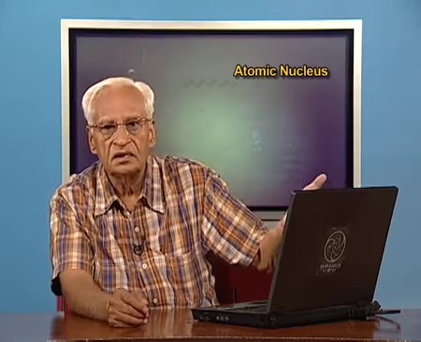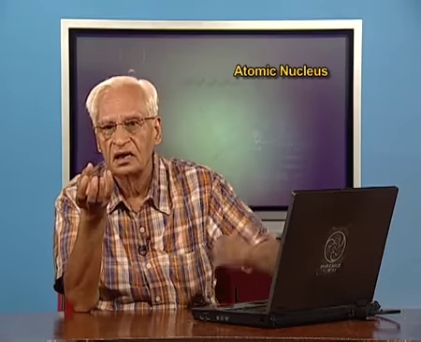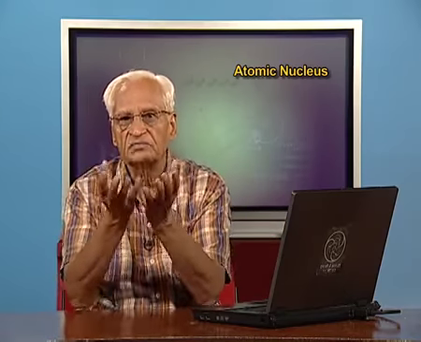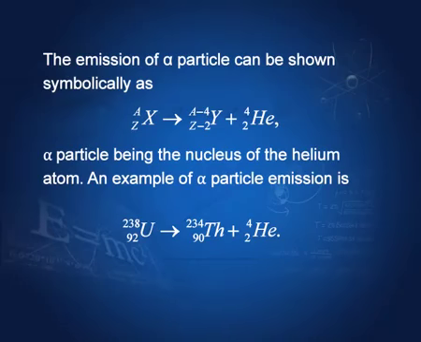What else does the unstable nucleus emit? An unstable nucleus can emit alpha particles. If X with mass number A and atomic number Z emits an alpha particle, then its mass number is reduced by 4, because an alpha particle has 4 nucleons, and it has 2 units of charge.